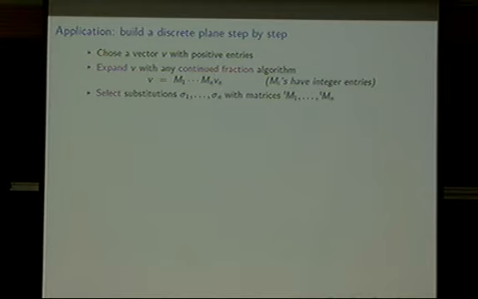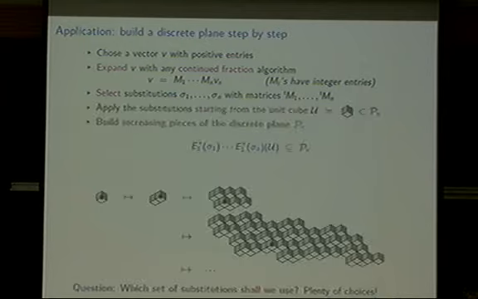So this means that we write a vector as M1, ..., Mn of Vn, where the matrices M1 to Mn have integer entries, and usually we choose them in a finite family. So we can consider continued fraction, Euclid, and so on. We obtain a decomposition. And then to each matrix, we associate an appropriate substitution, which has a good matrix. And we replace the matrix by this generalized substitution.